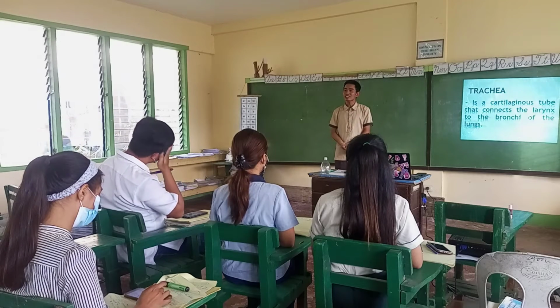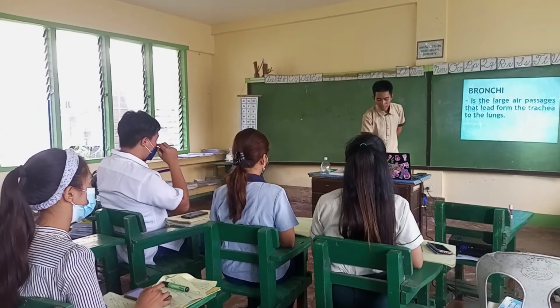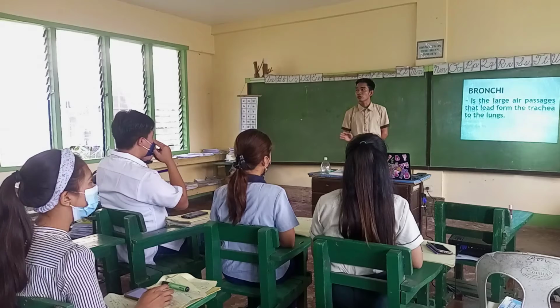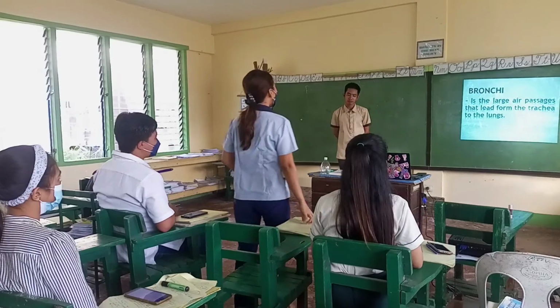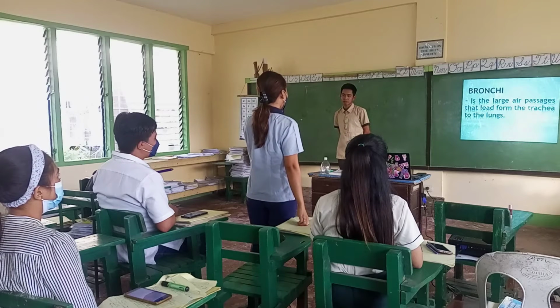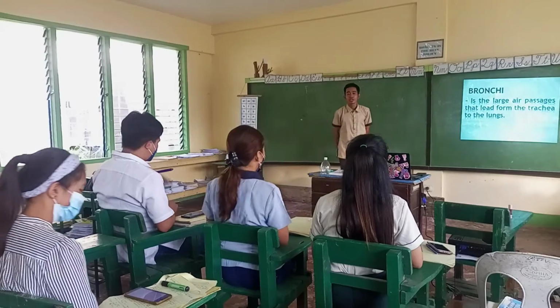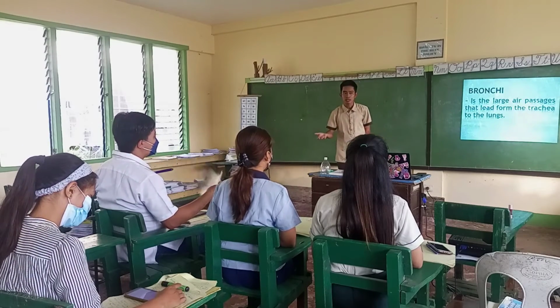Okay. After the trachea, it goes down into your bronchi. That is your next part. Okay, who can read about bronchi? Yes, Miss. Bronchi are the large air passages that lead from the trachea to the lungs. Okay, bronchi carry air into your lungs.